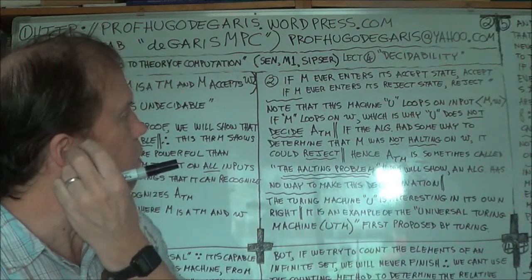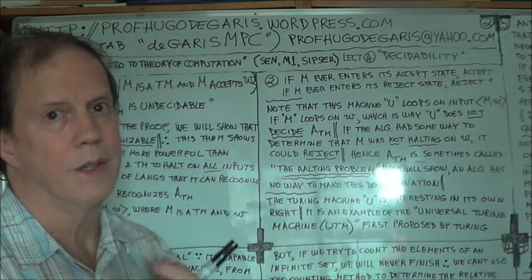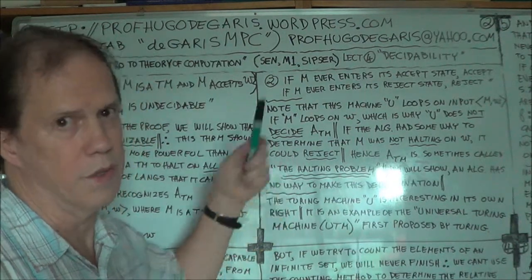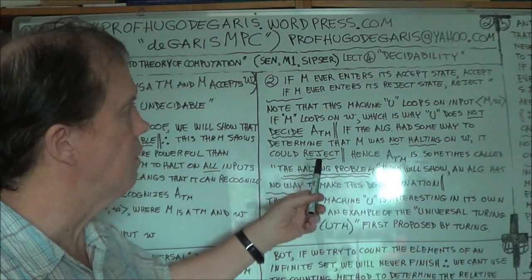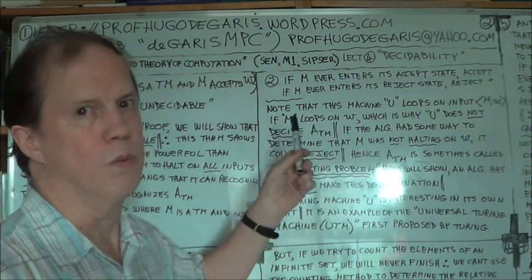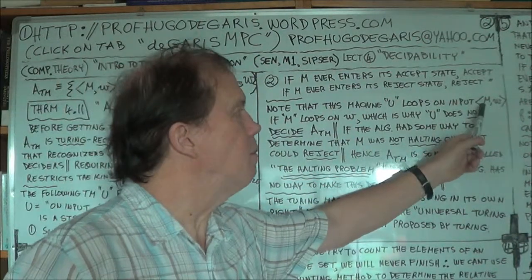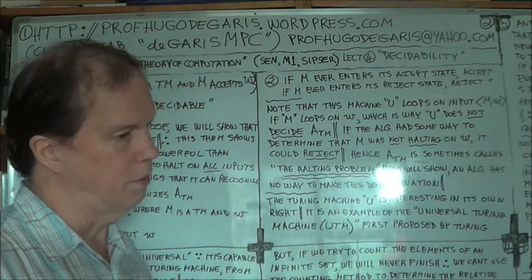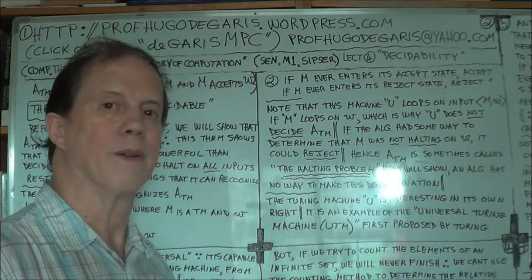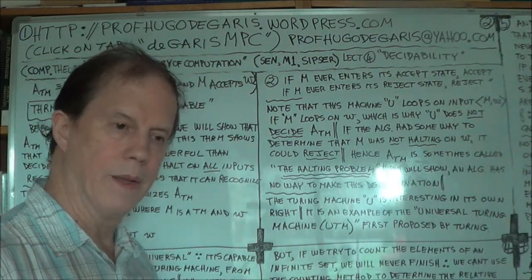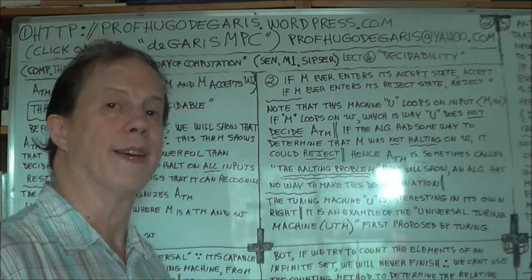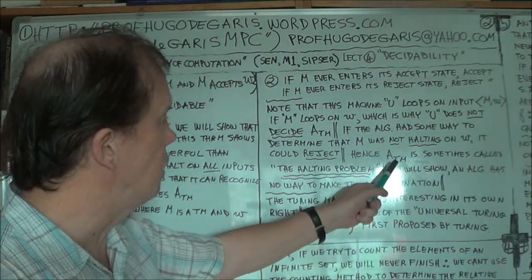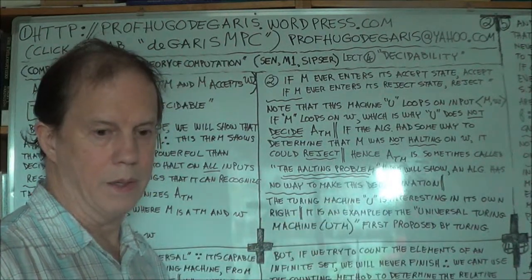Because if you did know whether it was going to halt or not, then you could have U, which is simulating M, reject if you can determine that M's going to loop, and that would make U a decider, and therefore the language ATM would be decidable.